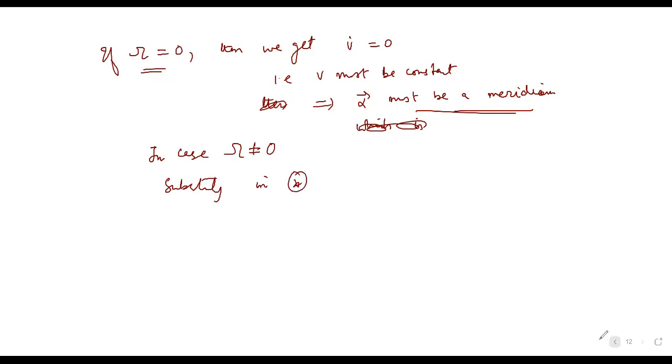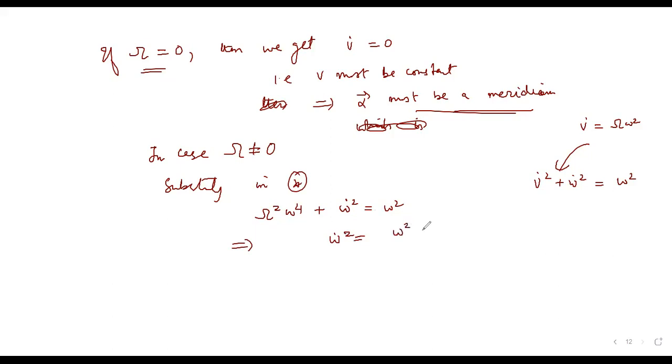का मतलब वो जो यूनिट स्पीड कंडीशन थी, यानी v डॉट स्क्वायर प्लस w डॉट स्क्वायर इज इक्वल टू w स्क्वायर. अगर इसमें मैं सब्स्टिट्यूट करूंगा, v डॉट इज इक्वल टू क्या था अपना जो क्लारॉस कंडीशन थी, वो थी v डॉट इज इक्वल टू ओमेगा w स्क्वायर. अगर इसको इसमें सब्स्टिट्यूट करेंगे, सो यू विल गेट omega square w raised to 4 plus w dot square is equal to w square, which implies that w dot square would be equal to w square, common ले सकते हैं 1 minus omega square w square, ठीक है.